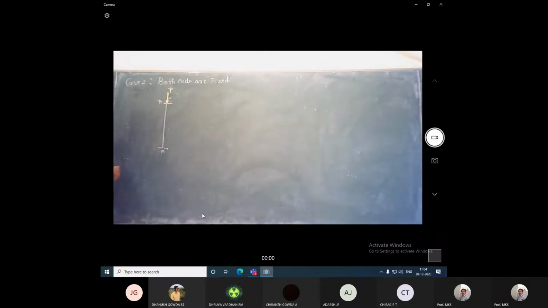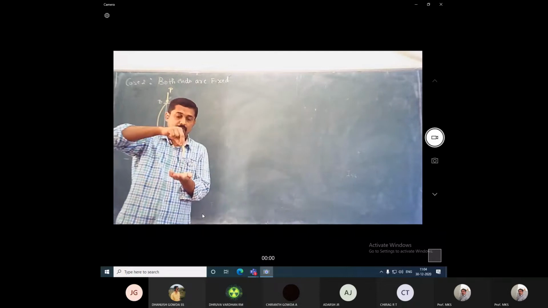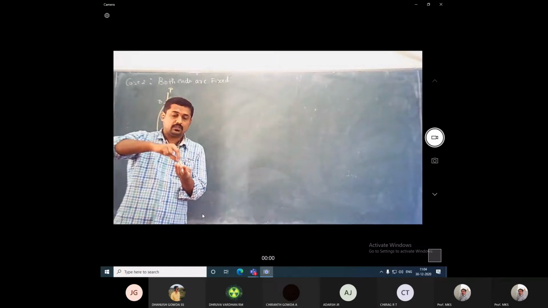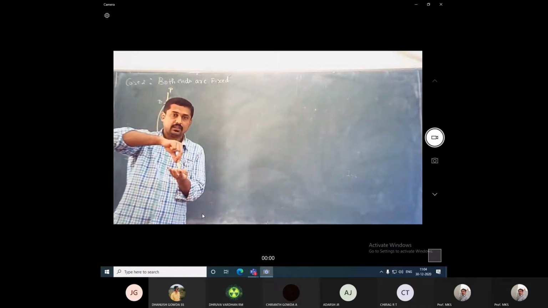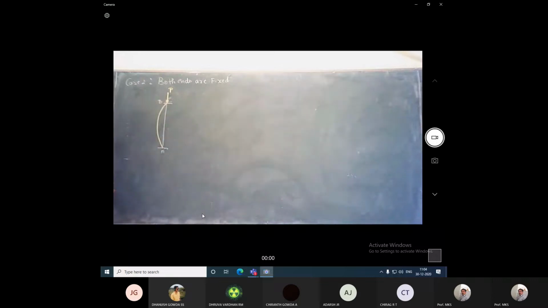When it is applied, the column is going to deflect, or it is going to deform in this shape, right? Just like if you hold something like a spring and press it at one end, it is going to deflect in this manner. It is the same as that, right?